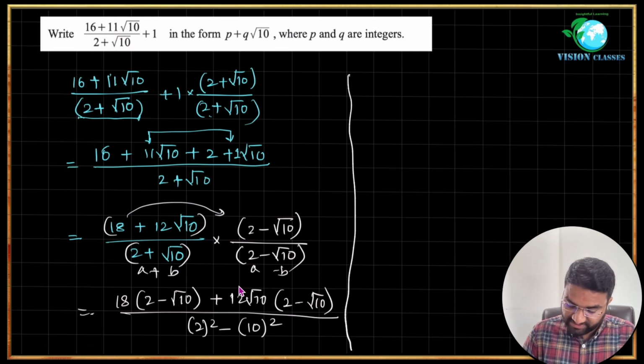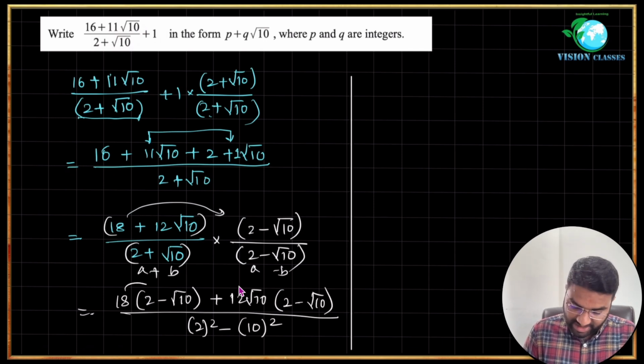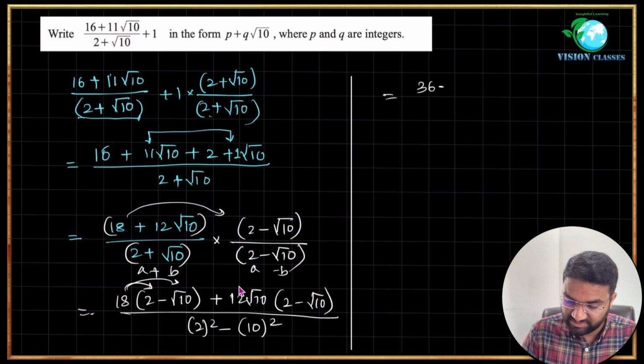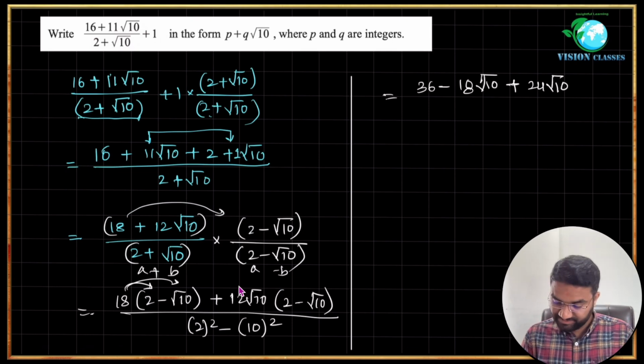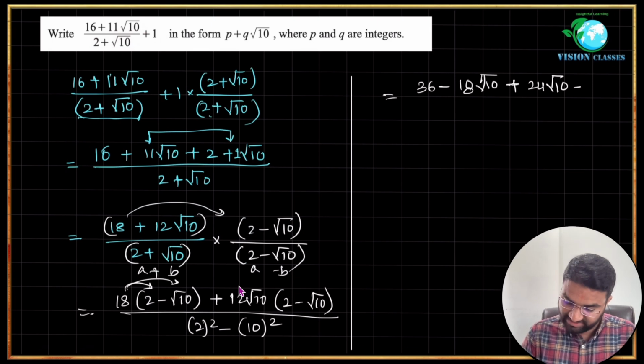All right, so here you have to expand it, so it will be 18 times 2 is 36, 18 times root of 10 is minus 18 root of 10, plus 12 times 2 is 24 root of 10, and then minus 12 times 10.